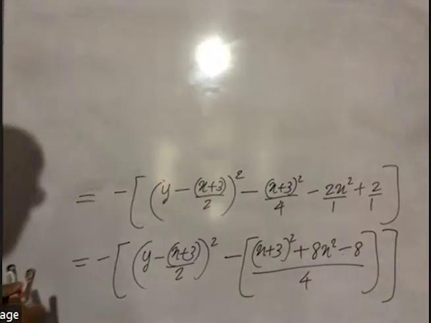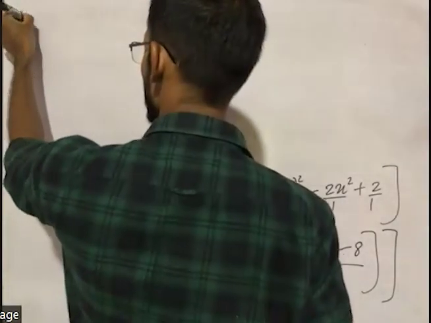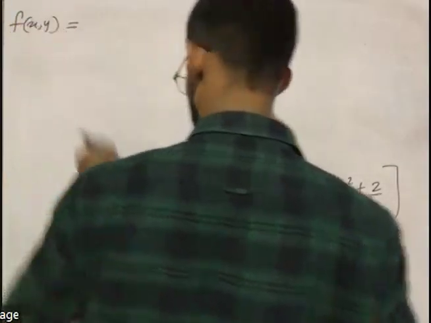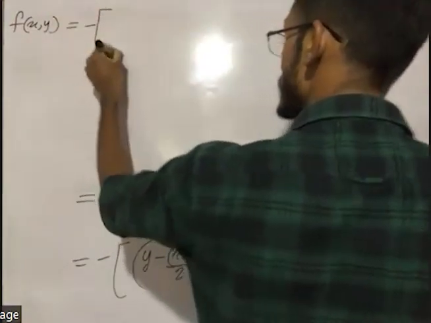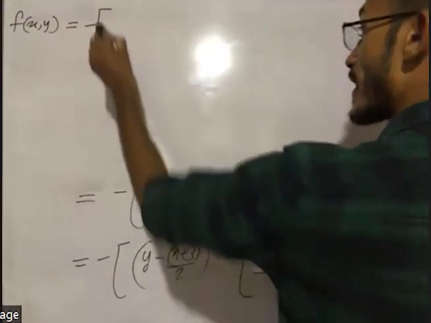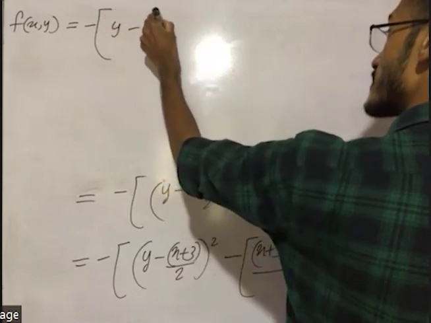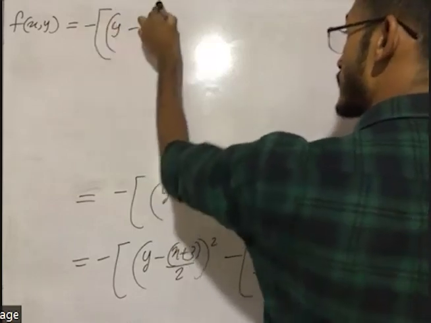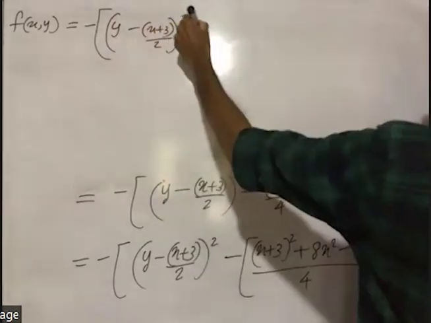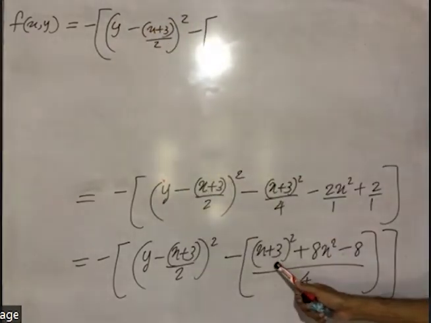Right. So here we have f(x, y) equal to minus (y minus (x plus 3) over 2) squared, minus (x plus 3) squared.